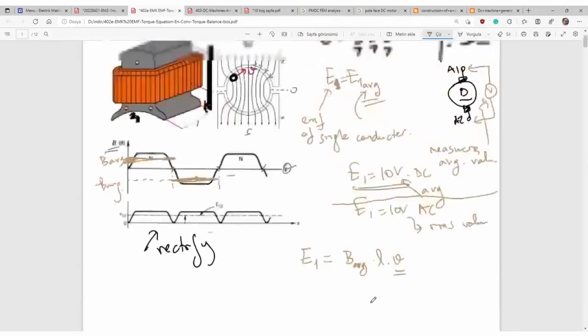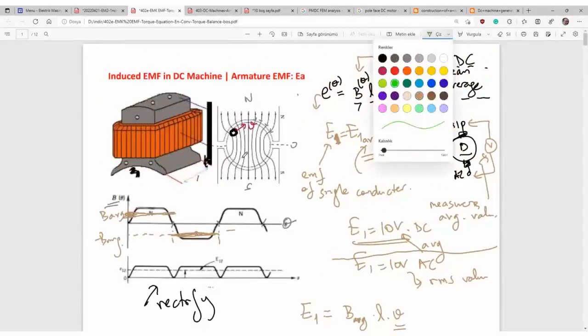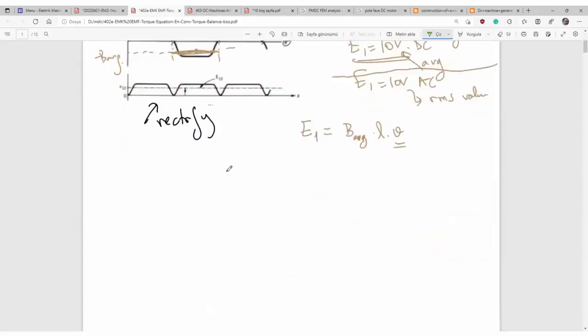Let me make a more detailed definition. Here is the cross section. Here's the segment of the circumference. Here's the length of the conductor or pole. Let me draw it here. There is such a pole face. Pole area, pole length. And what's this?